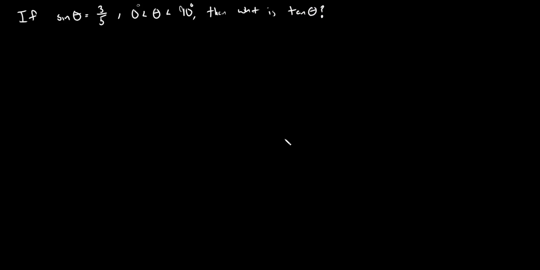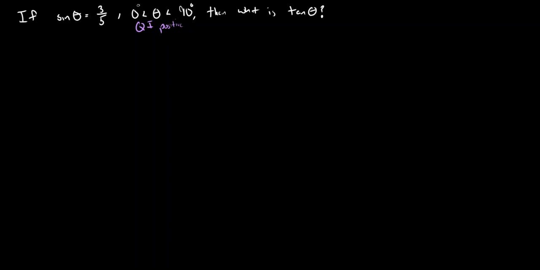Now, once again, I'm going to do this both ways, okay? And right away, I'm going to go ahead and show that this is in quadrant 1, where everything is positive. So notice I gave it to you in degrees in this problem. In the previous one, it was in radians. You need to be prepared for both, okay?